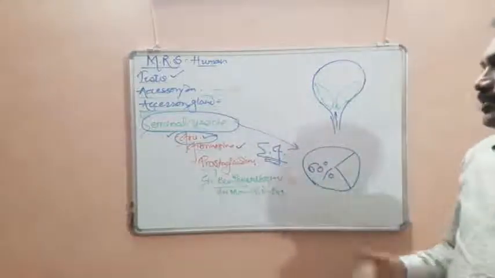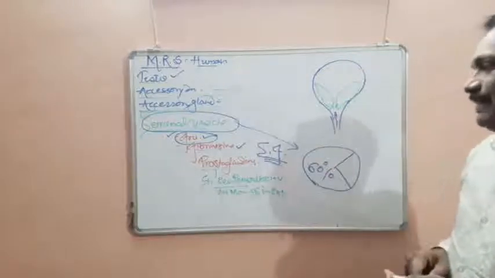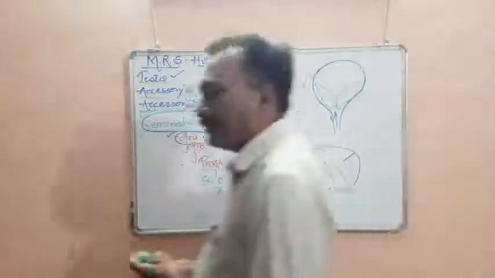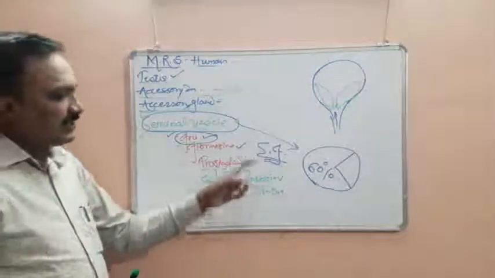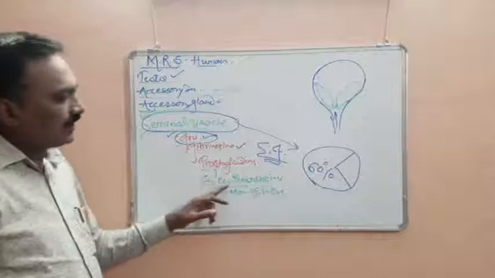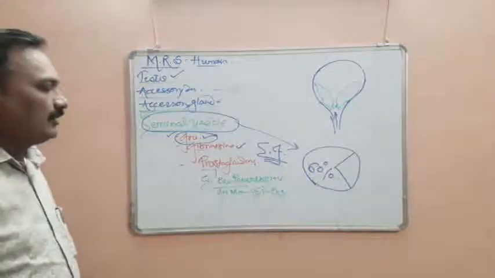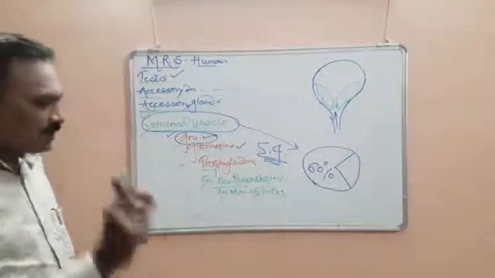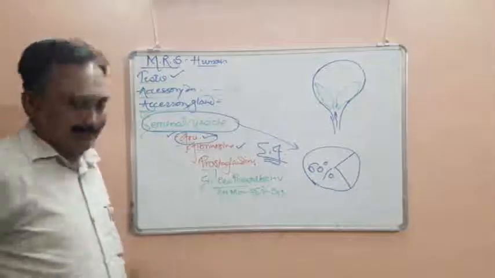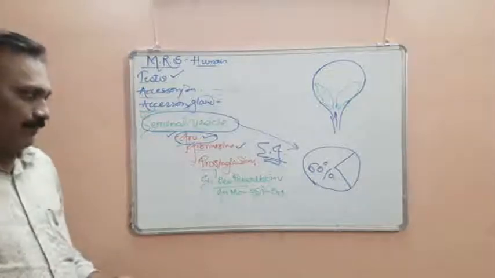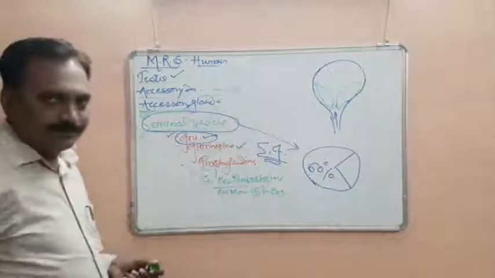Prostaglandins: the substance prostaglandin is useful to stimulate reverse peristalsis in the region of the vagina, and that is responsible for faster movement of the sperms towards the egg.